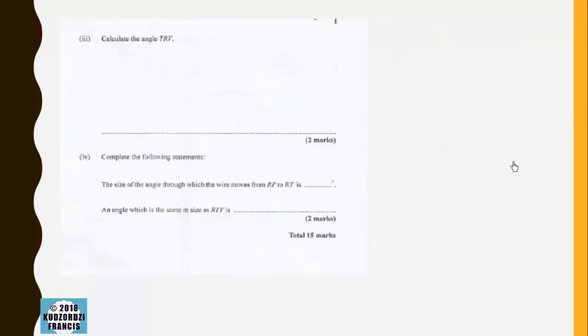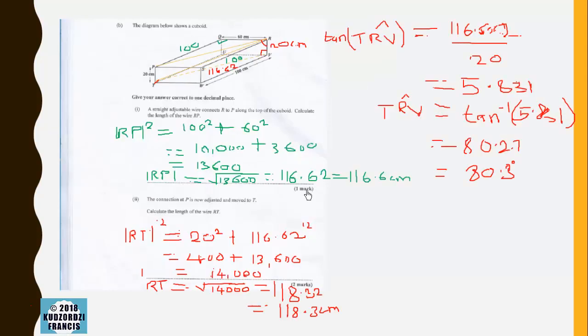Now they said compare the following statement. The size of the angle through which the wire moves from RP to RT. So the wire moves through this angle over here. So that angle over here is what we are looking for. The whole angle over here is 90.